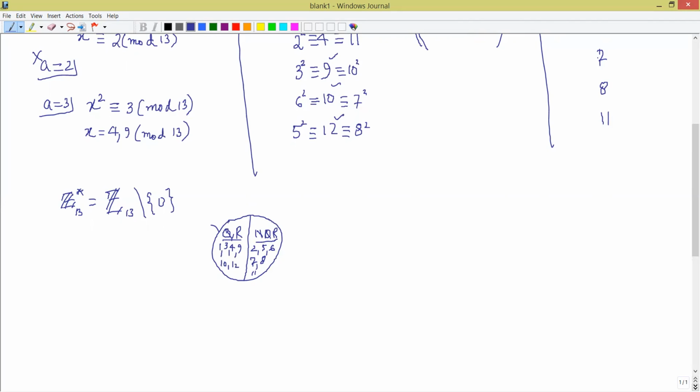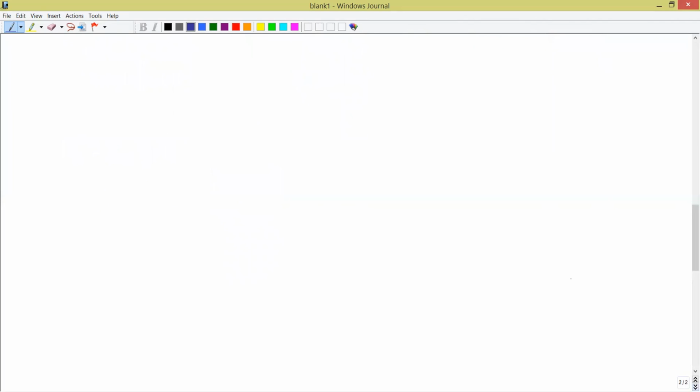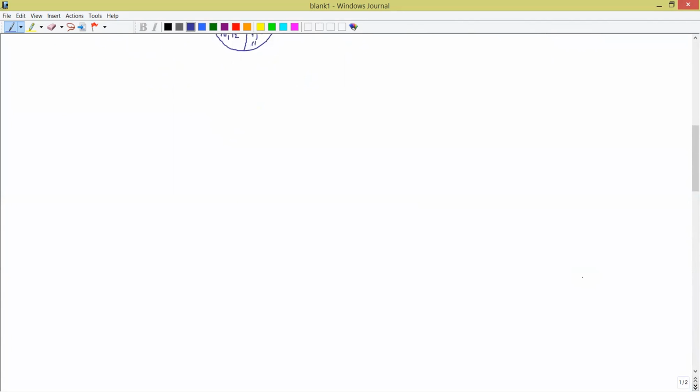Okay. So now we know that a quadratic congruence is solvable when A is a quadratic residue, and not solvable if A is a non-quadratic residue.